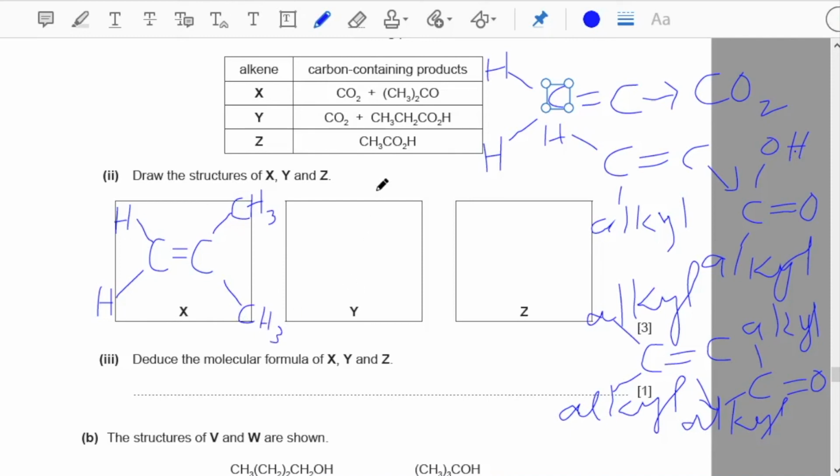Now when Y reacts with hot KMnO4, it forms carbon dioxide, which means on one end of the carbon-to-carbon double bond are two hydrogen atoms. Suppose on the left I have two hydrogens bonded to this carbon.